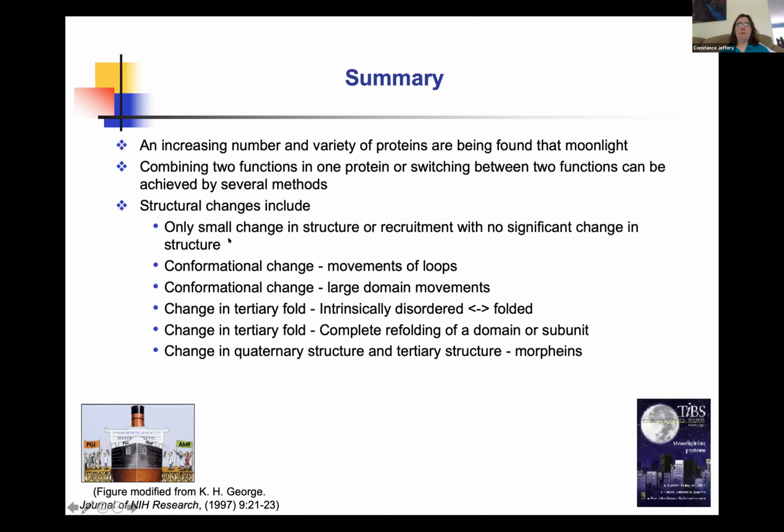Everything from what we think is a tiny or insignificant change in structure through conformational changes of a subunit, including small movements of loops or larger domain movements. And then we can have changes in the tertiary fold, intrinsically disordered to folded or complete refolding of domains. And then we can have both changes in quaternary structure with conformational change of subunits, which is the morpheeins.